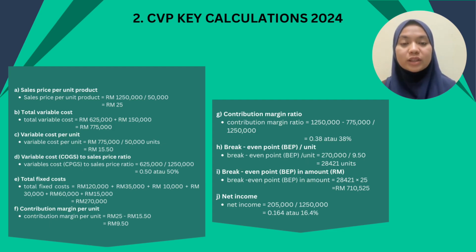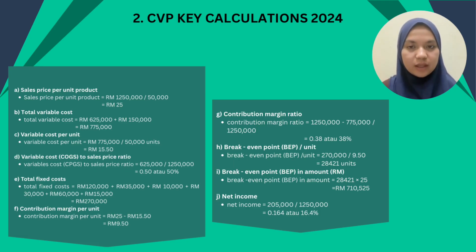And for the contribution margin per unit, the formula is sales price per unit minus variable cost per unit. The calculation is 25 minus 15.50 equals 9.50.